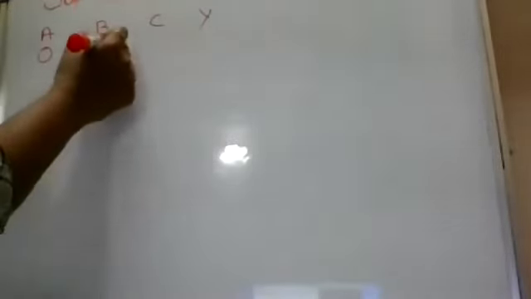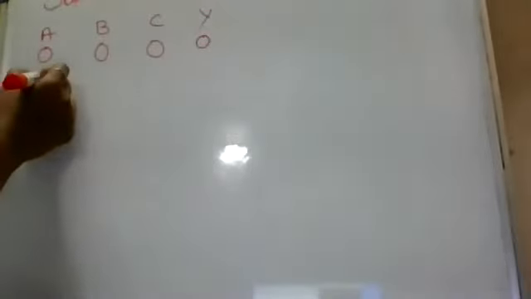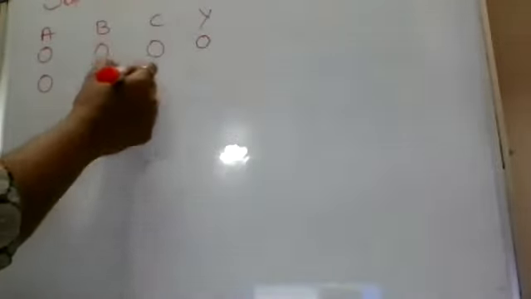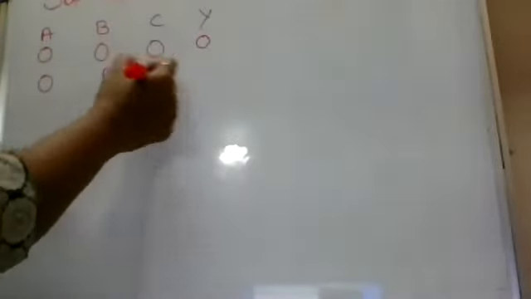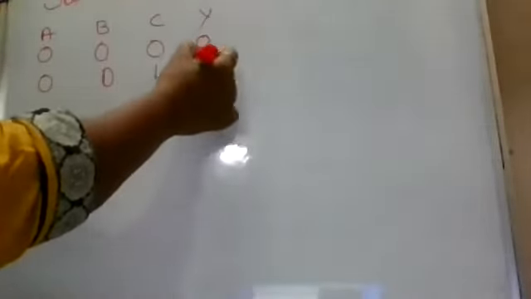In the first case, I am taking the three variables in zero condition, and zero condition means low condition. Here the output is 0. Next, A is in low condition, B is also in low condition, and C is in one condition. Here we have output 0.